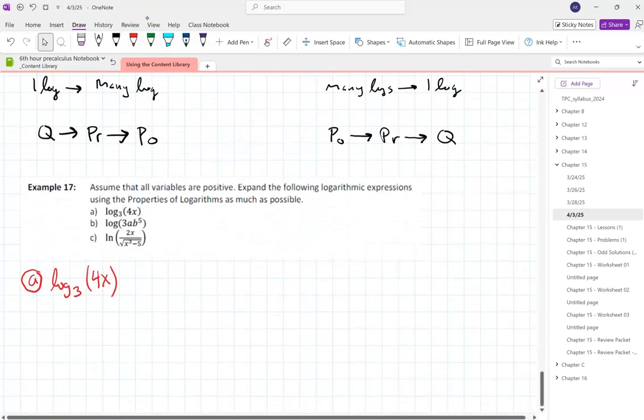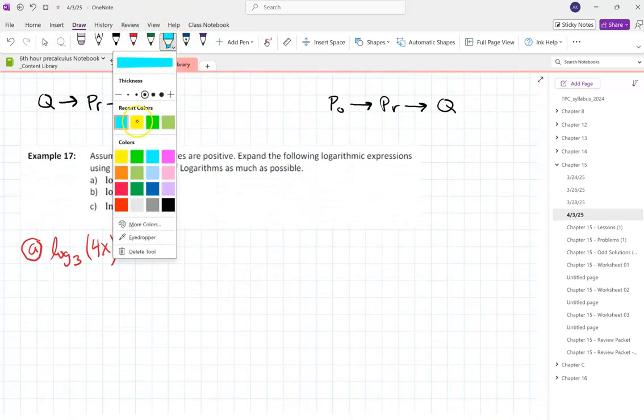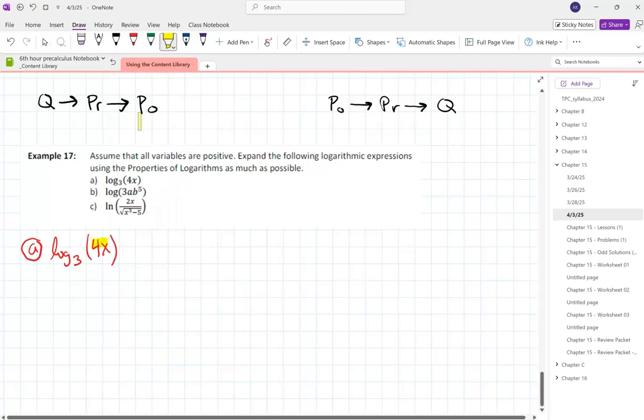So when we're expanding, we're going to be looking inside the logarithm at this part. The first thing I look for in an expanding problem is a quotient property. Is there any division going on inside that logarithm? Nope. So no quotient property to do. Is there any multiplication going on inside the logarithm? Yes. Where's the multiplication happening?